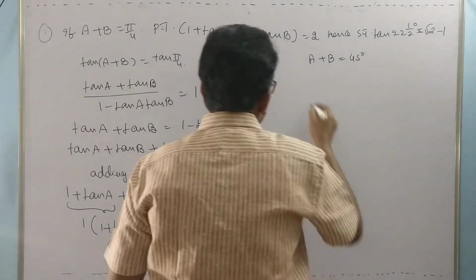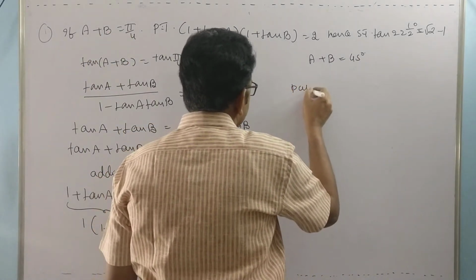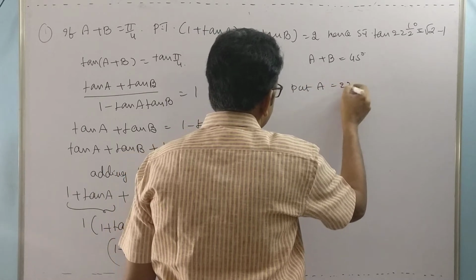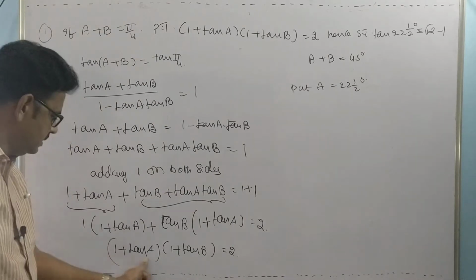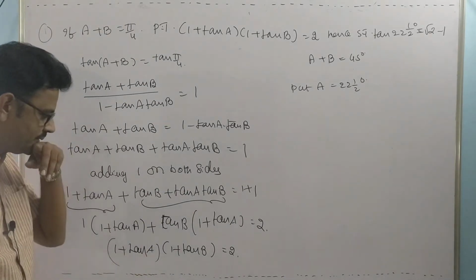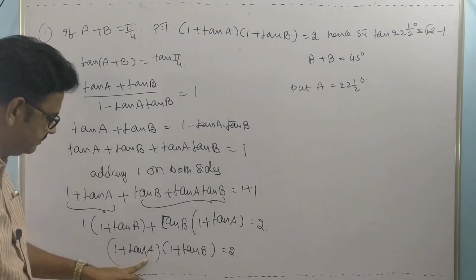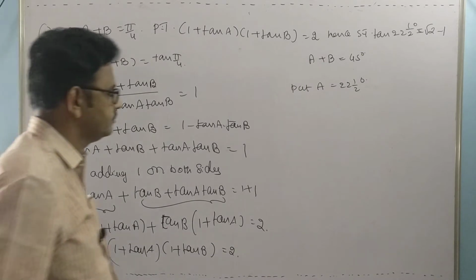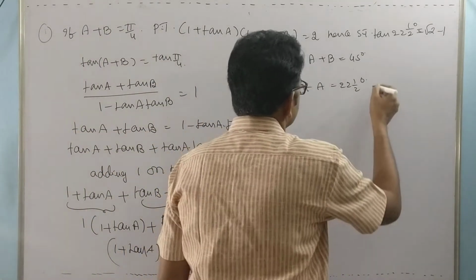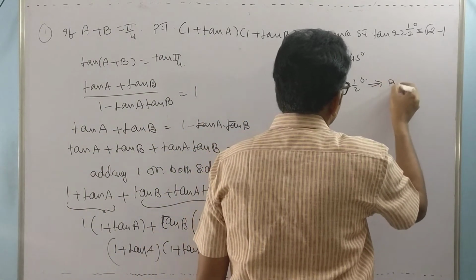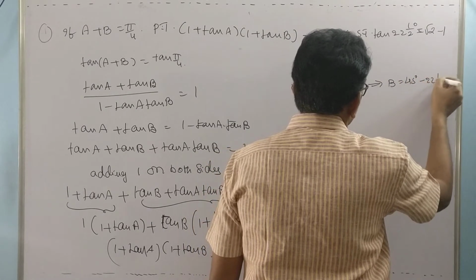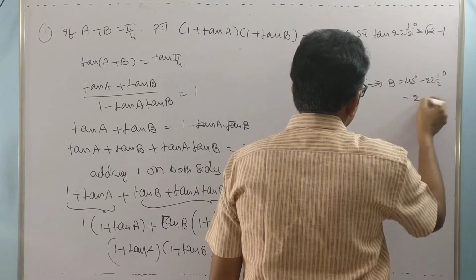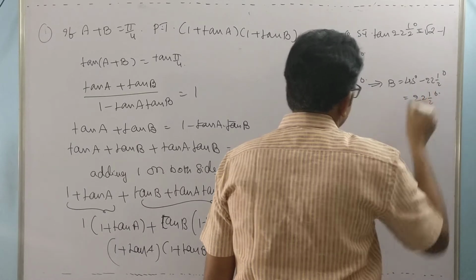In this one, put a equal to 22.5 degrees. Implies what is b equal to? b is equal to 45 degrees minus 22.5 degrees, that is equal to 22.5 degrees.